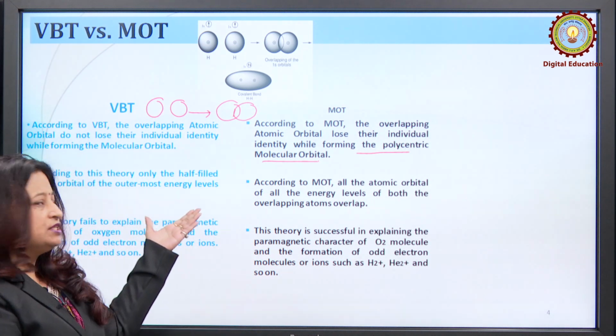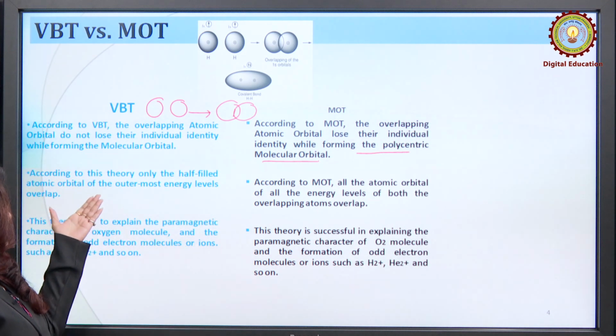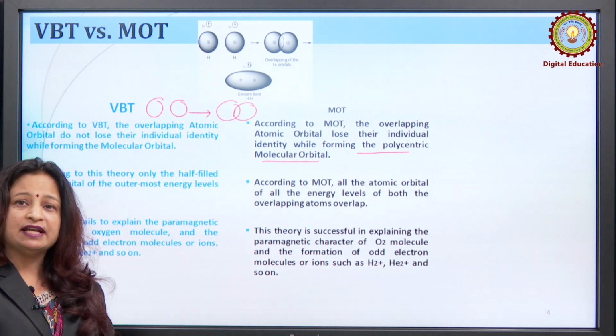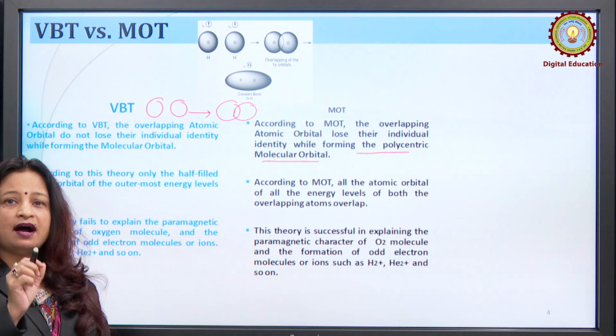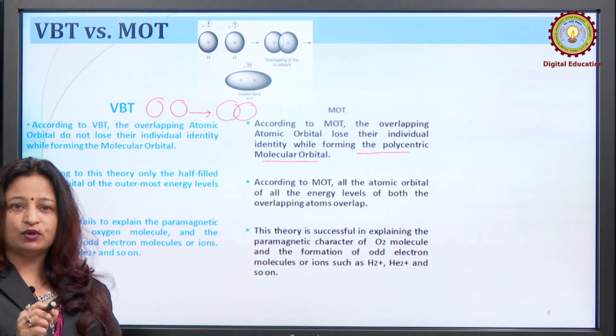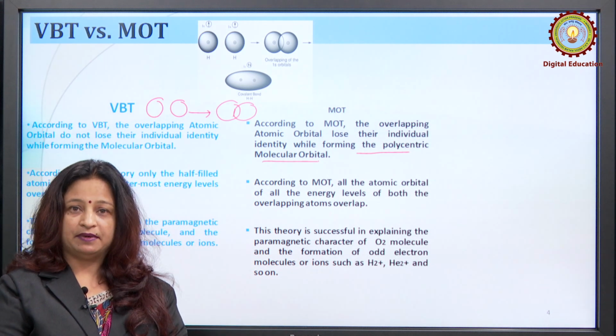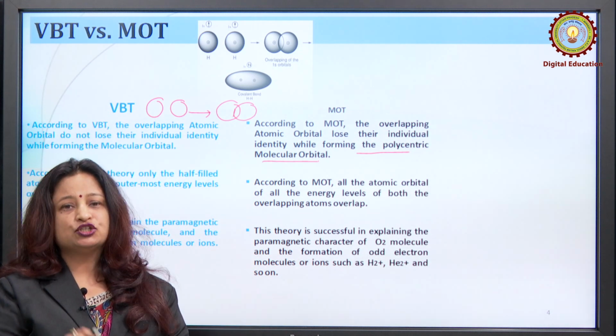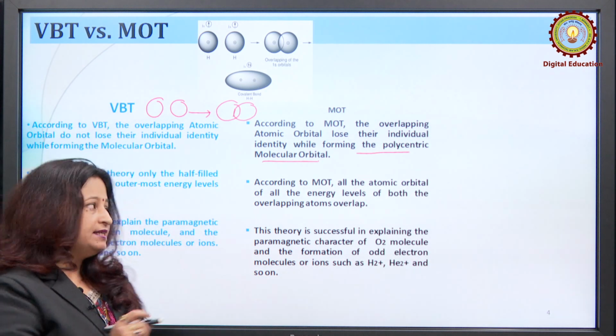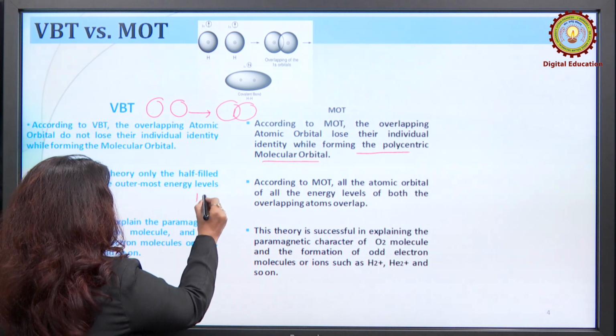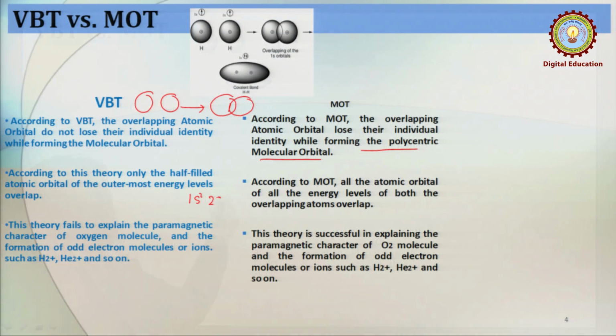Now, the second point of difference: according to valence bond theory, only the half-filled atomic orbitals of both the overlapping atoms enter into the process of overlapping. For example, let us consider two atoms of lithium. Lithium has the electronic configuration 1s2, 2s1.